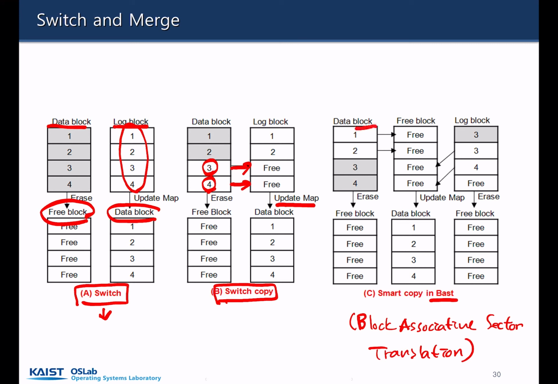Here, there's a data block and a log block. So we select a free block and copy the data block to the free block, and also we copy the data pages from the log block to the free block. And then the free block becomes the data block, and the old data block and the log block become free as a result of the merge operation.